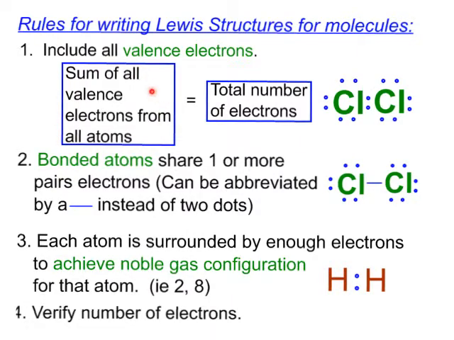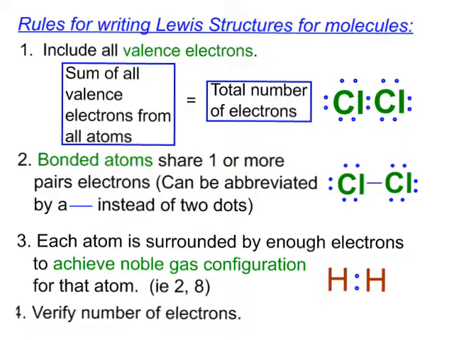The sum is going to equal the total number of electrons represented in our Lewis structure. So, for example, chlorine has 7 valence electrons, and chlorine has 7 valence electrons. So 7 plus 7 is 14. We need to make sure that our final molecule has 14 electrons represented in it for our Lewis structure.